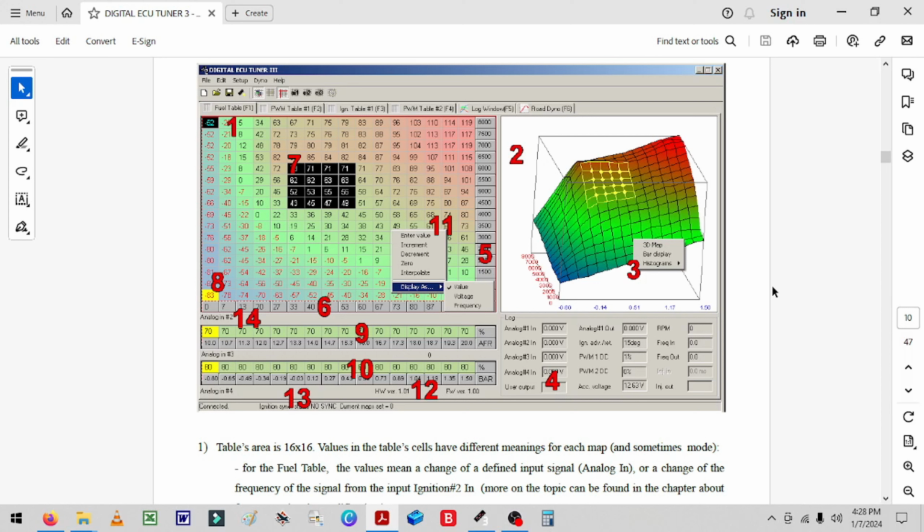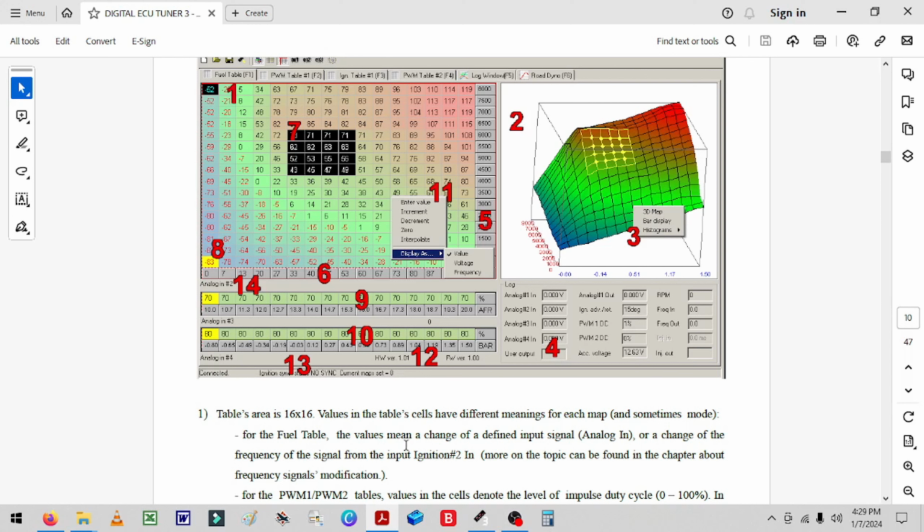If you notice the numbers here, like right here, number one, the table's area is 16 by 16. So each one is just letting you know what is what. And I imagine on 7 you can highlight them all at one time. Number 3 is going to be your 3D map, things like that.